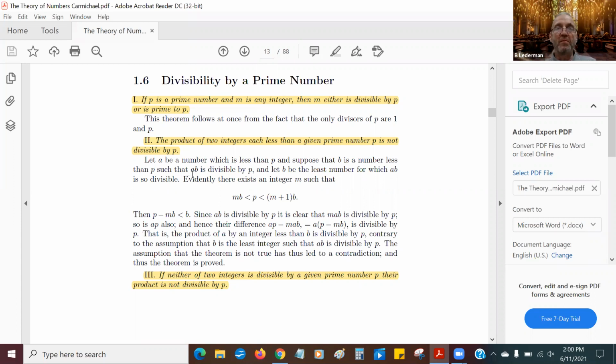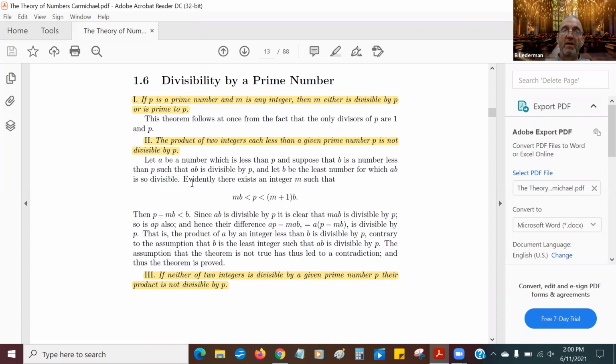We want b to be the least number for which ab is divisible by p. There might be more than one such number, but b should be the smallest one. And a and b are each less than p.